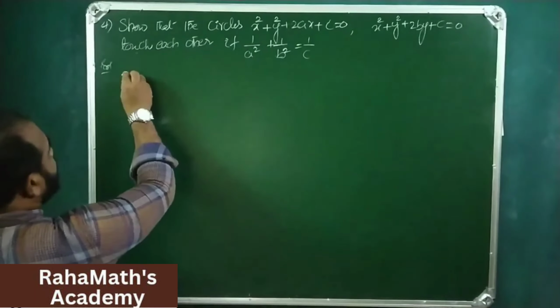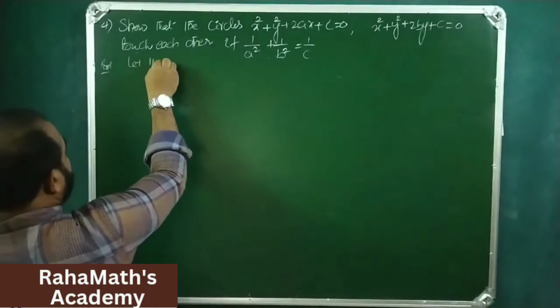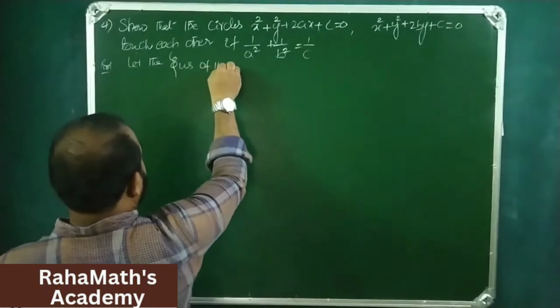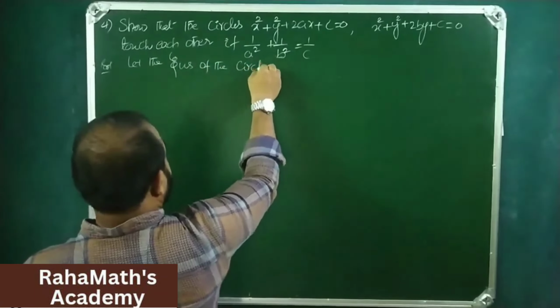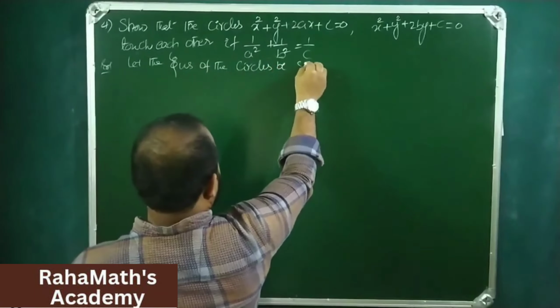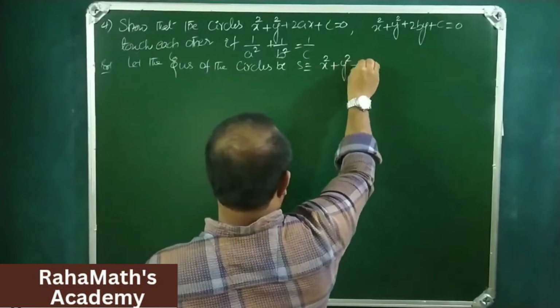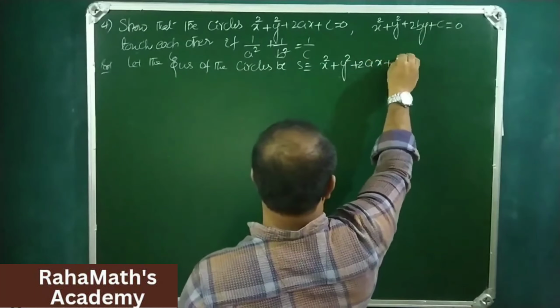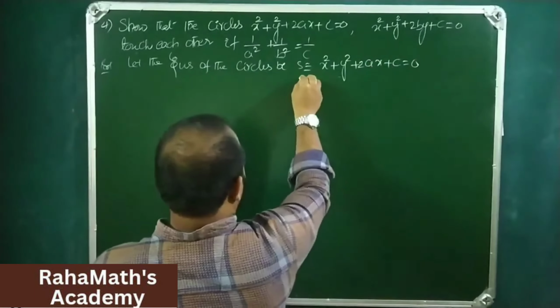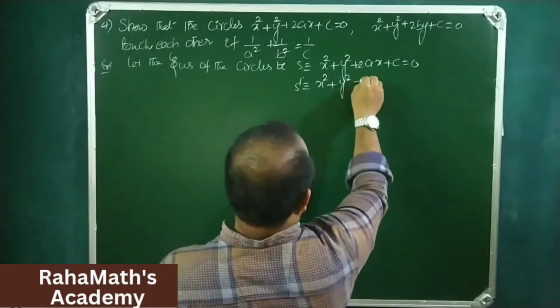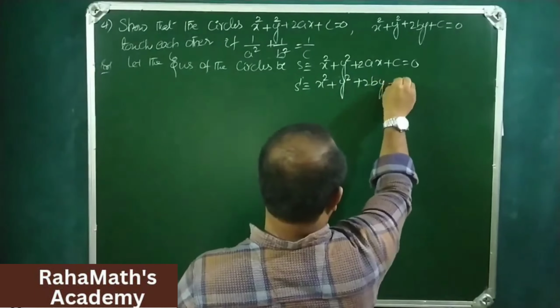So let the equations of the circles be S: x square plus y square plus 2ax plus c equals to 0, and S dash: x square plus y square plus 2by plus c equals to 0.